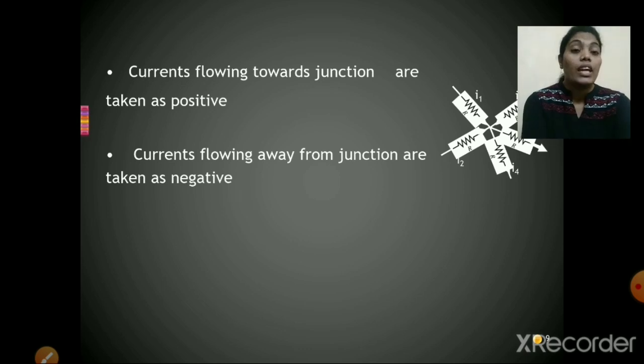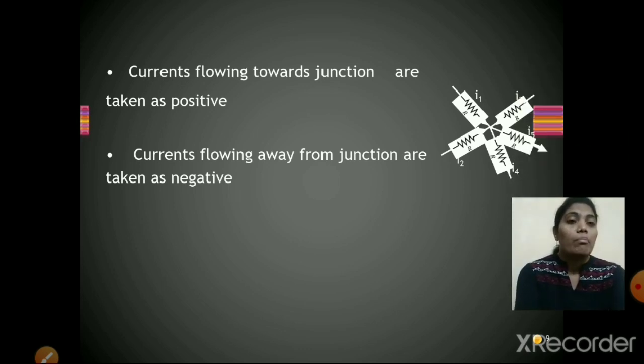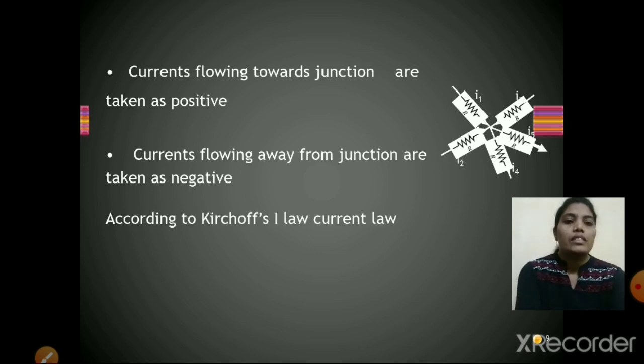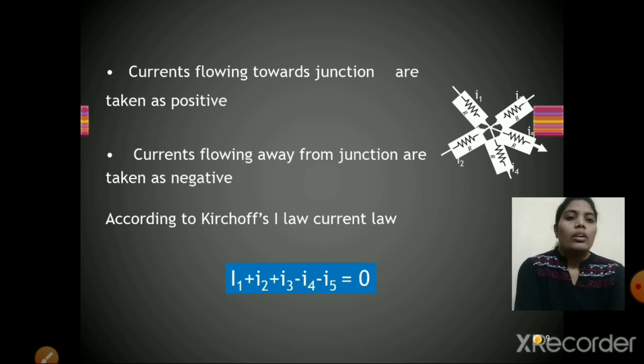This is a very important sign convention we need to remember: currents flowing towards the junction are considered positive and currents flowing away from the junction are taken as negative. So according to Kirchhoff's first law, the current law, as I1, I2 and I3 are flowing towards the junction, they are taken as positive.